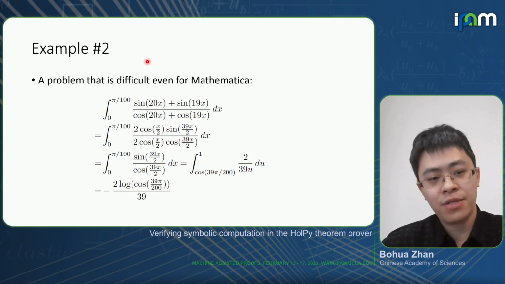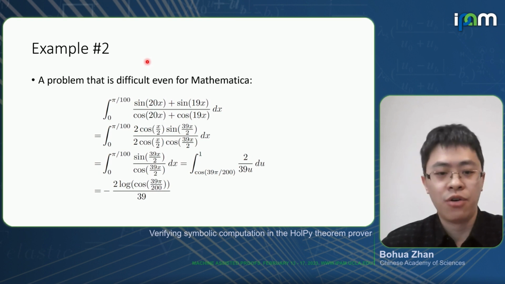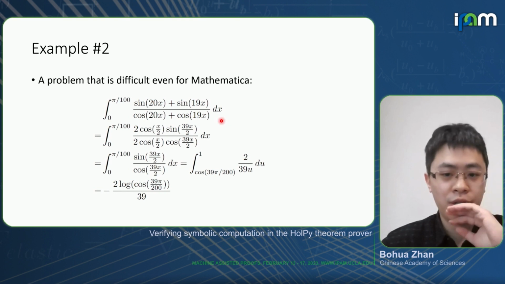Okay, so the second example is an illustration of the advantages provided by interaction, instead of trying to have only full automation, like a computer algebra system such as Mathematica. This integral appeared on the competition called MIT Integration Bee, I believe in the year 2019.